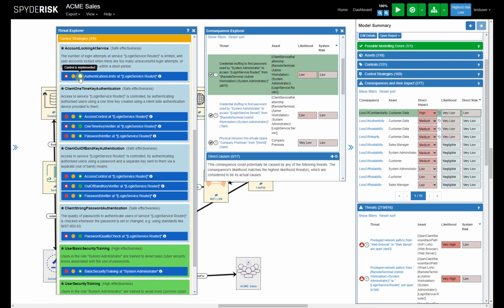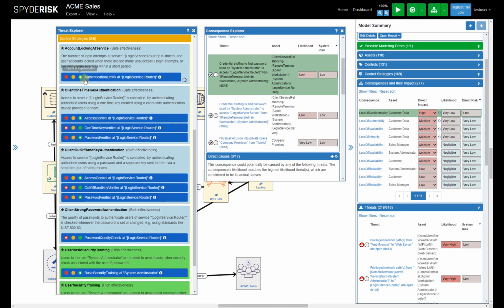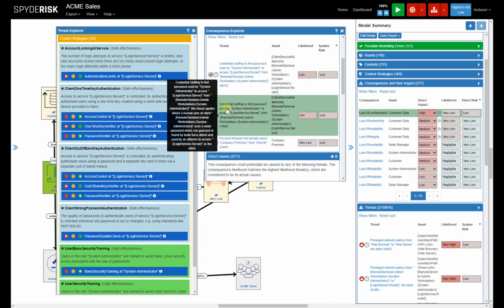Yeah. So we could do that, or we could set that it needs a one-time password, like a code from your phone, which totally prevents credential stuffing. Lots of different options.